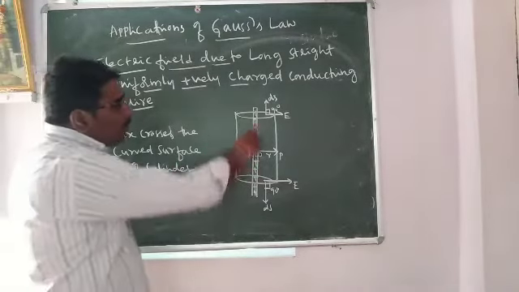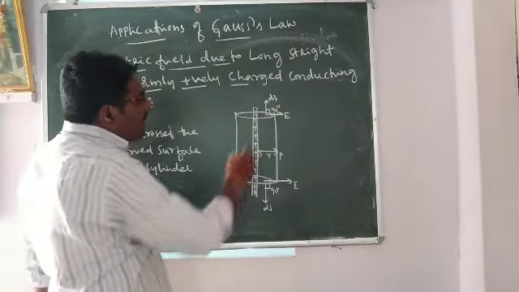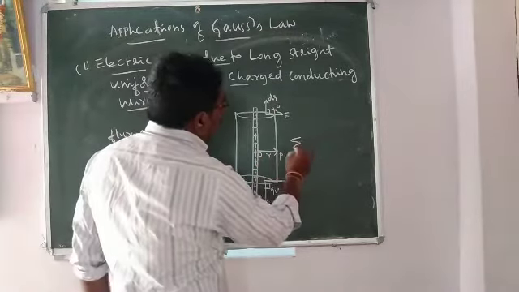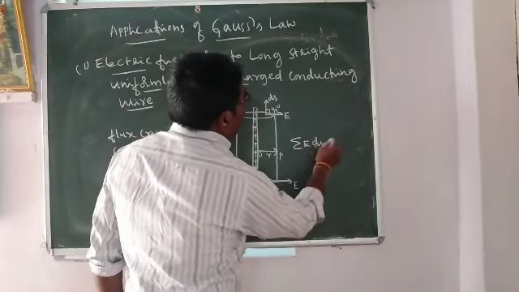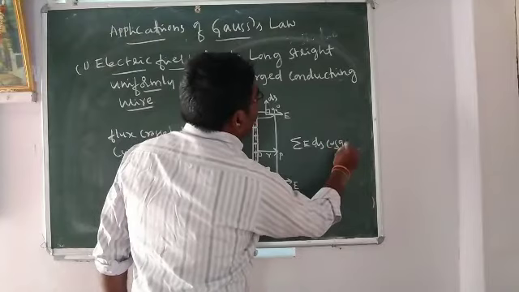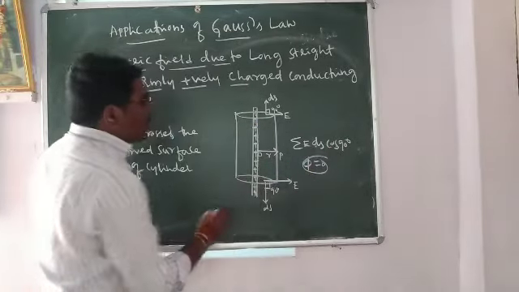The flux through the end faces of the cylinder is 0 because the angle between E and delta S is 90 degrees, and E dot delta S involves cos 90, which makes the flux 0 at the two end faces of the cylinder.